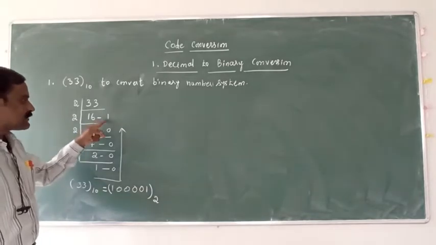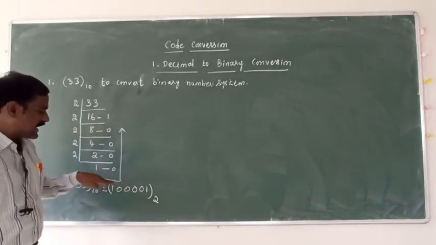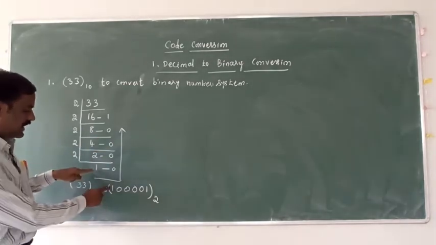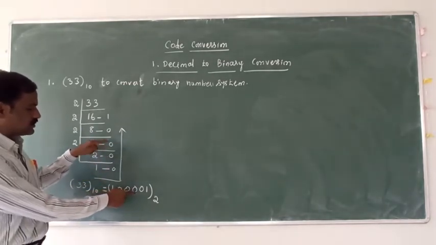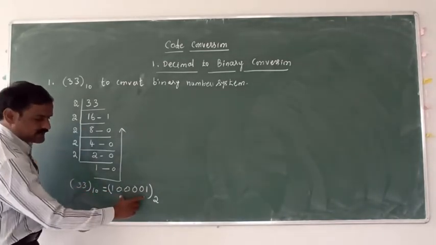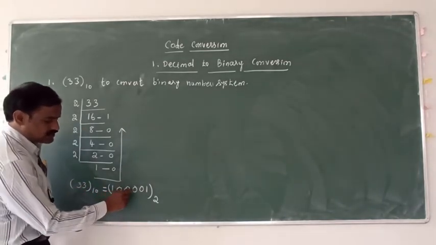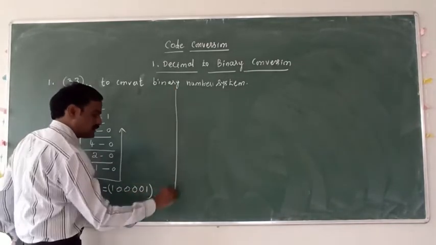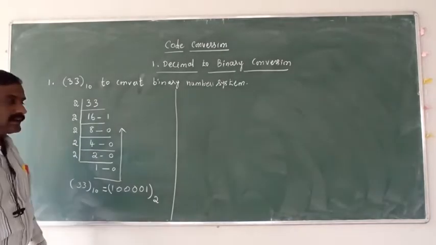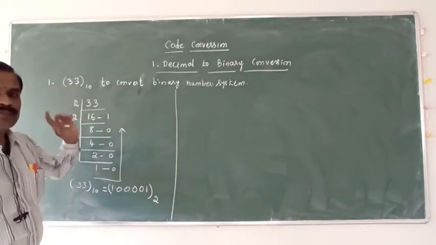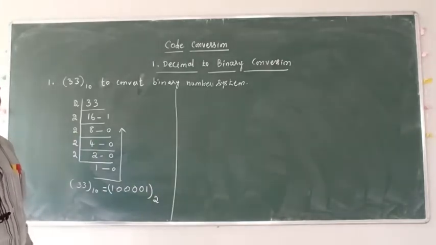The remainders we write from down to top in this format: 1 0 0 0 0 1. So 33 decimal is 1 0 0 0 0 1 in binary, base 2. This is the format to convert a given decimal number to binary.